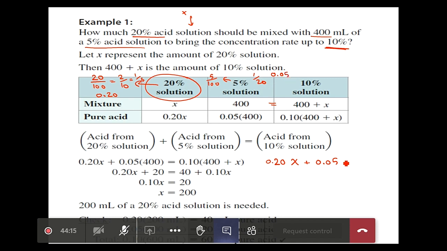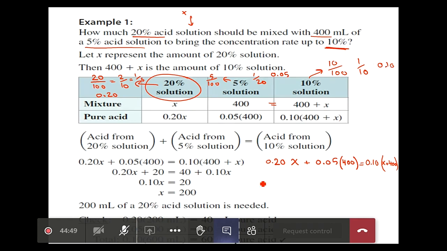Multiply by what? 400 milliliters. This equals 0.10 multiply by X plus 400. Okay, so 10, we can write 10 over 100, or 1 over 10, or 0.10.